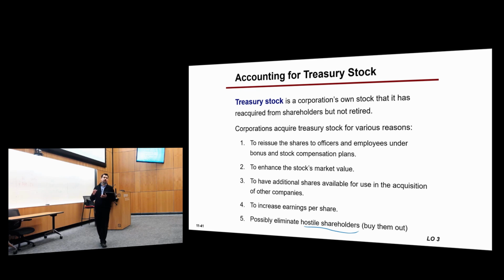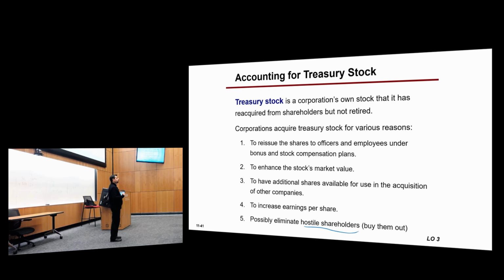Sometimes they do that to have fewer shares outstanding. Remember that net income eventually will be divided by the outstanding shares, right? So if they want to increase earnings per share, the earnings will be divided over a lower number of shares outstanding. That would give a better number. It would become more appealing to outside investors.